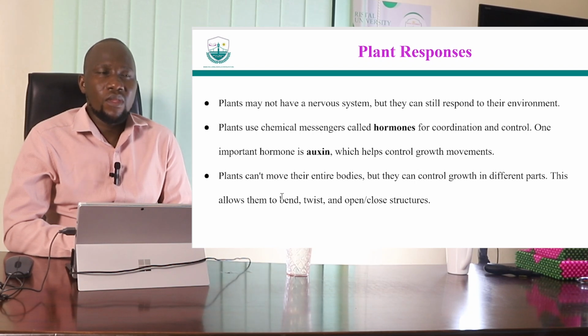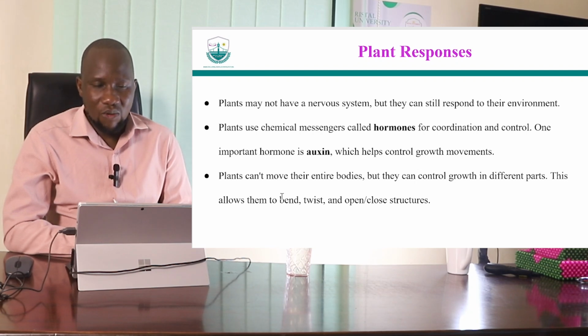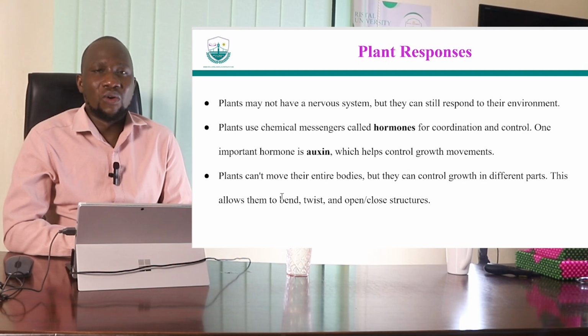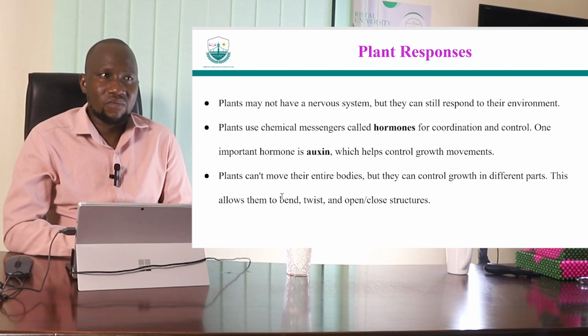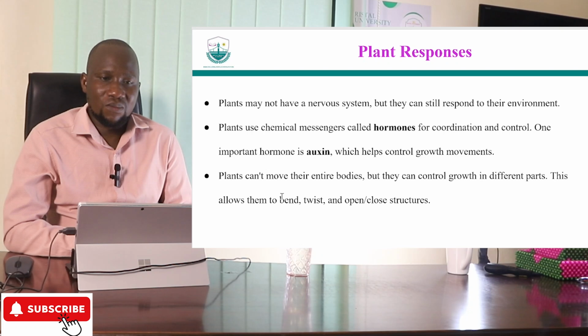So plants usually have what we call growth responses. Growth responses. They respond by growing. Okay, and this growth is initiated by hormones, and we call them plant hormones. And the ones that we shall really focus on are the auxins.